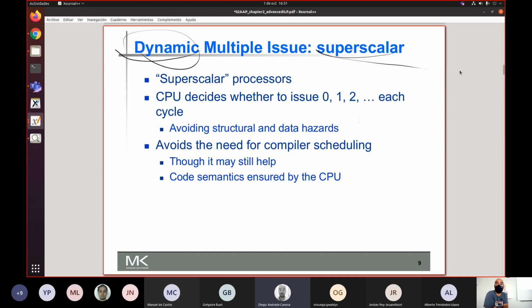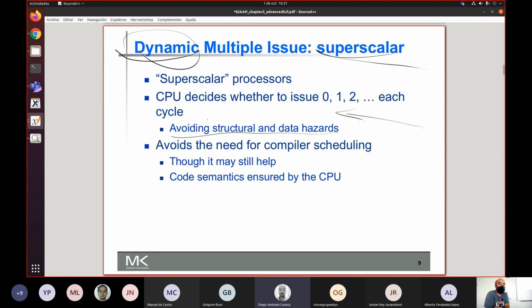Okay, so the idea is that at runtime, the processor has a lot of mechanisms to choose which instructions are safe to be executed at the same time, because they can be structurally done concurrently by the hardware, and also it checks that there are no data hazards among them, okay?